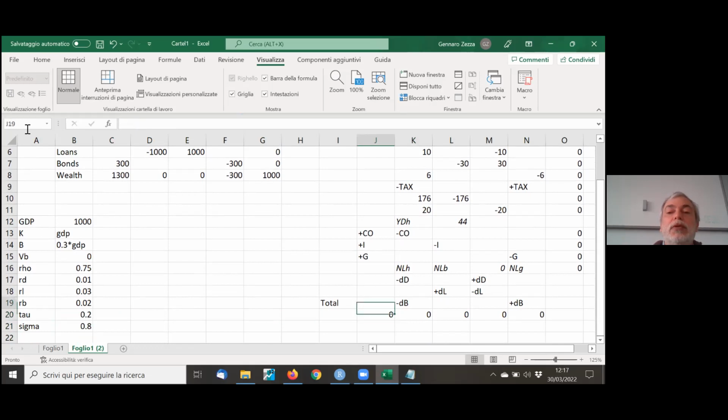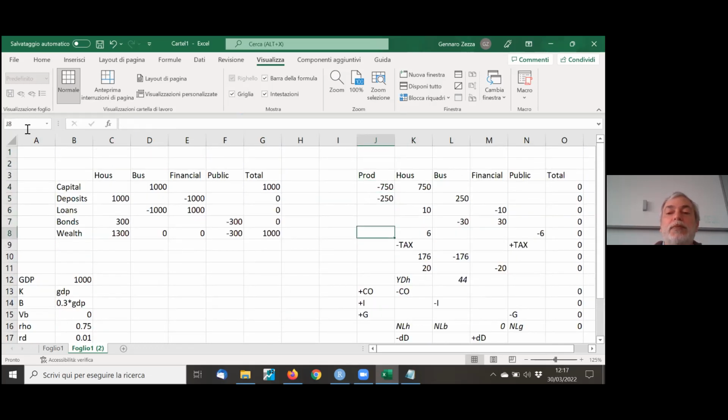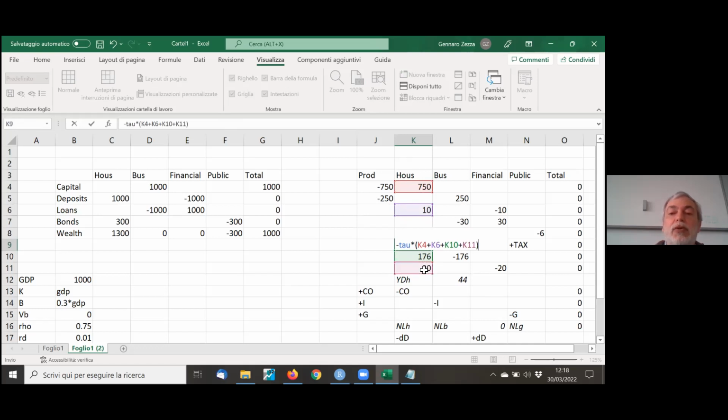So this would be tau times the wages plus the interest on deposits plus the dividends plus the interest on bonds.